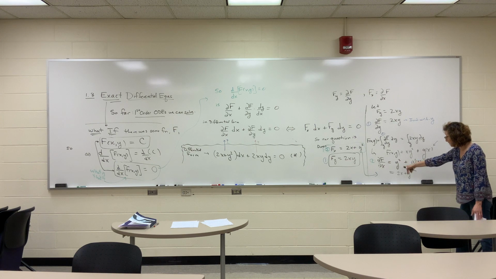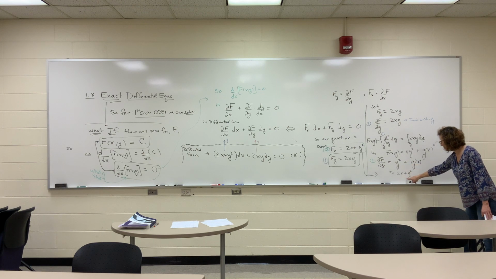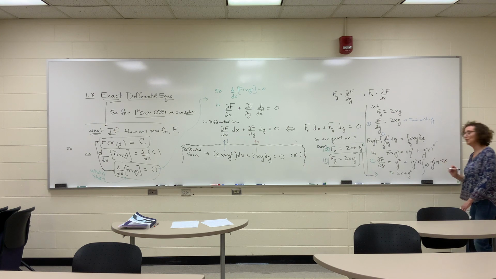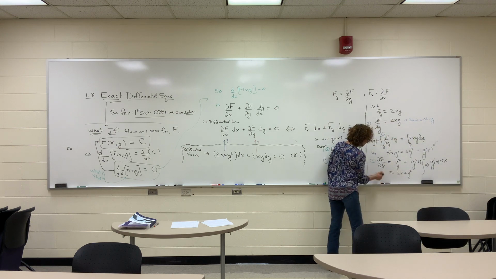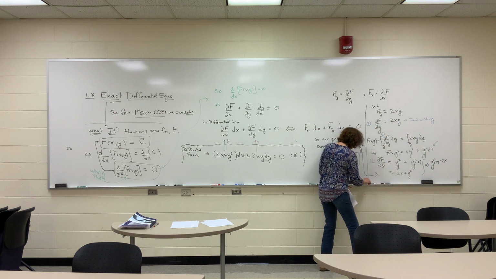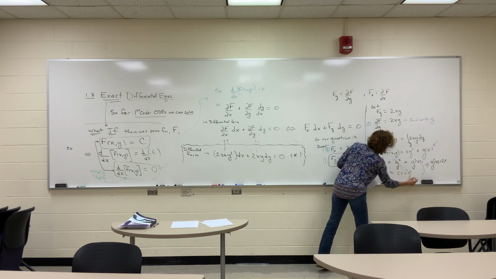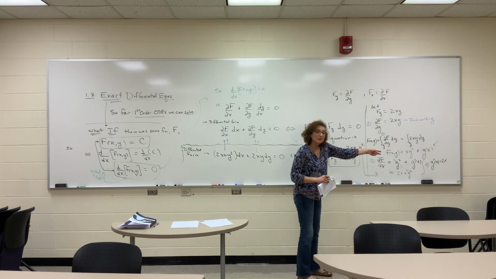If that's going to equal that, then I get y squared plus g prime of x equals 2x plus y squared. What happens? That says, I hope you can see this, g prime of x must be 2x, right? Okay? The y's canceled, right? The y's canceled. And that's what I'm left with.